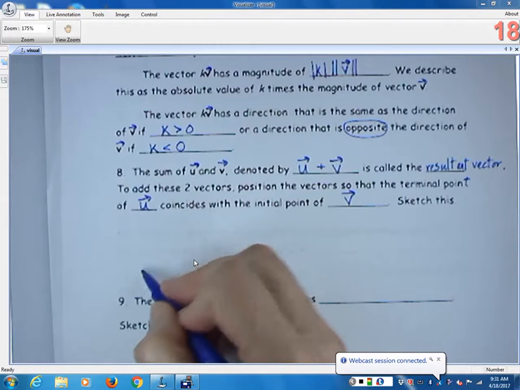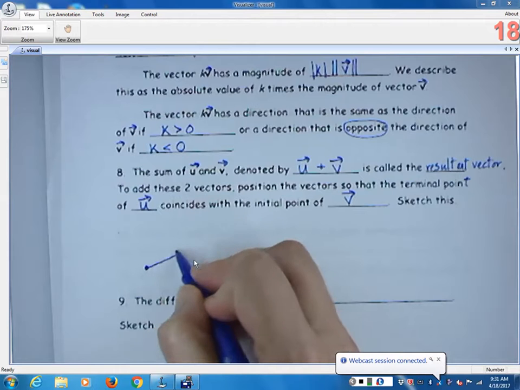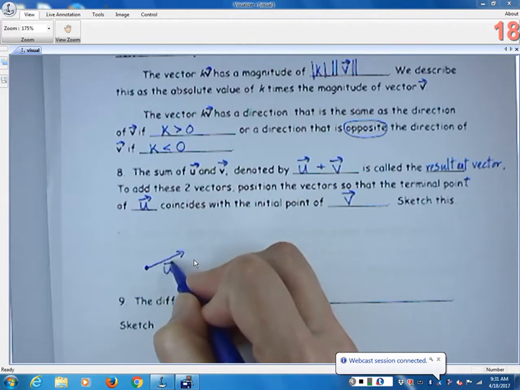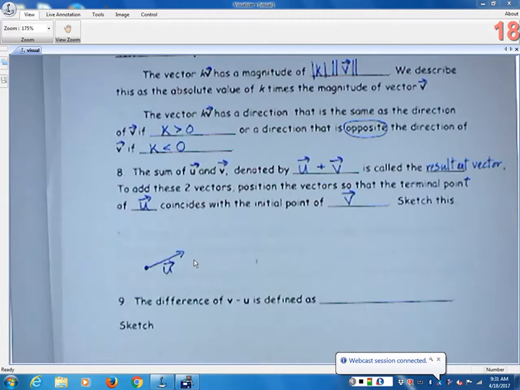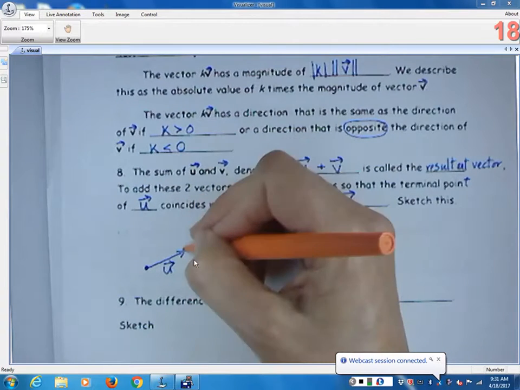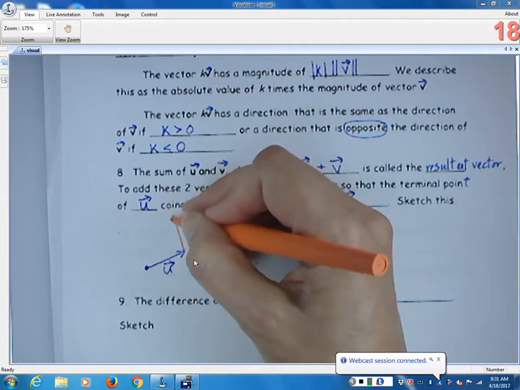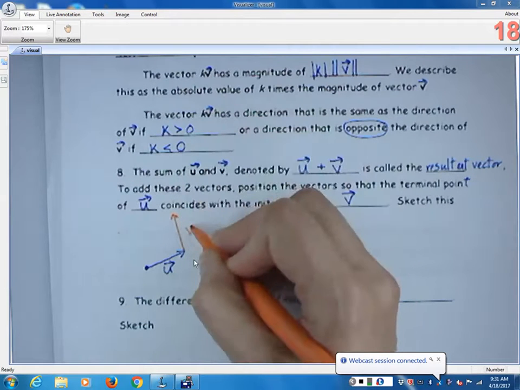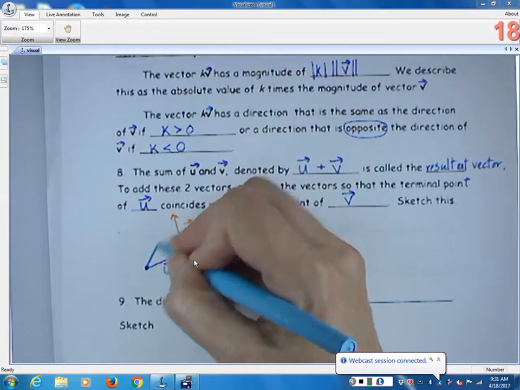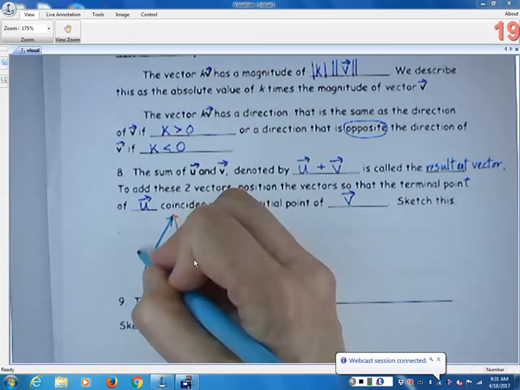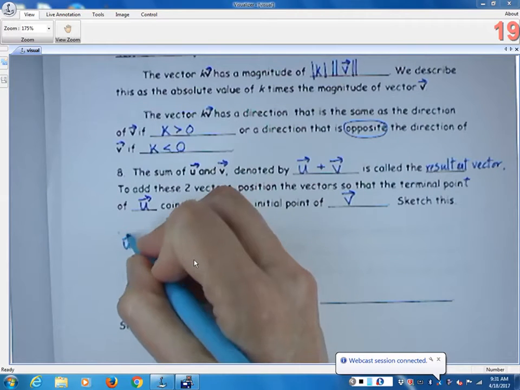If this is u, here's the initial point of u, terminal point. And then if this is v, then this is the vector u plus v.